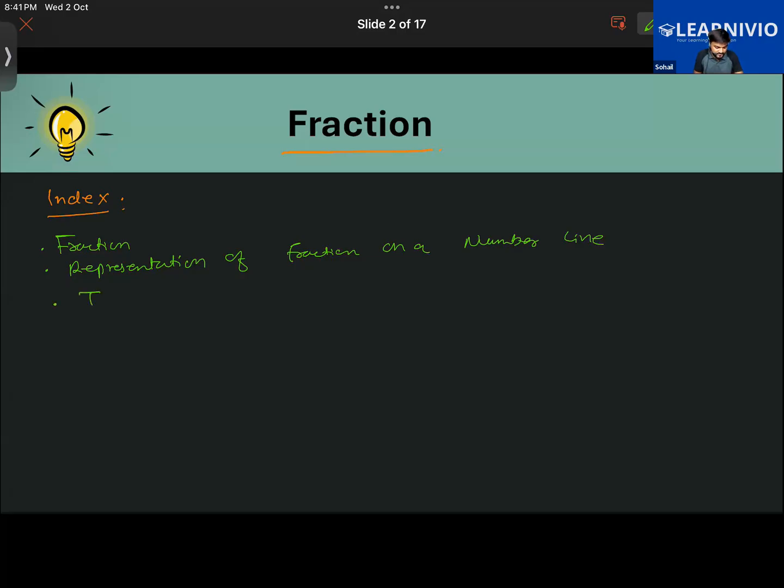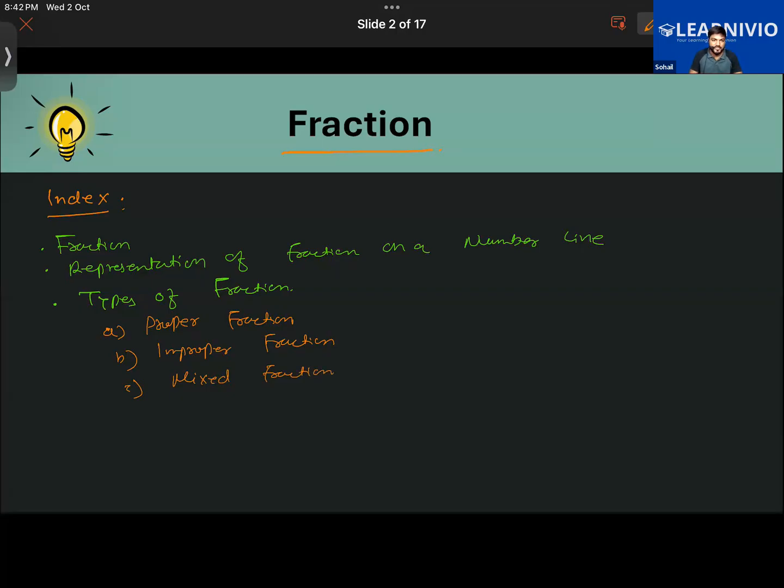After this, you'll be writing types of fraction. Under this, you will give a subheading, and you will write down first is proper fraction. Then improper fraction. Then third one, you will write mixed fraction.